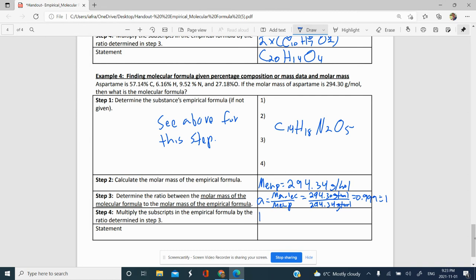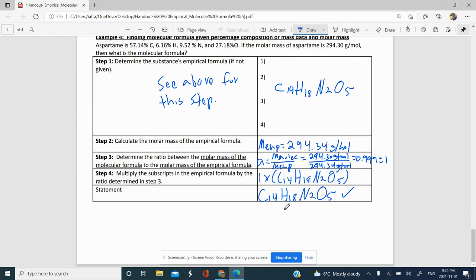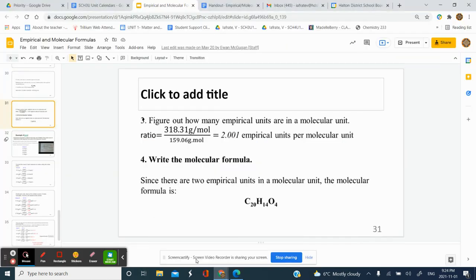So in other words, we're multiplying our empirical formula by 1. So we're not changing it. That means that our empirical formula and our molecular formula are one and the same. This is our final answer over here because our multiplying factor was 1. And so we can double check our work in our slide deck over here.